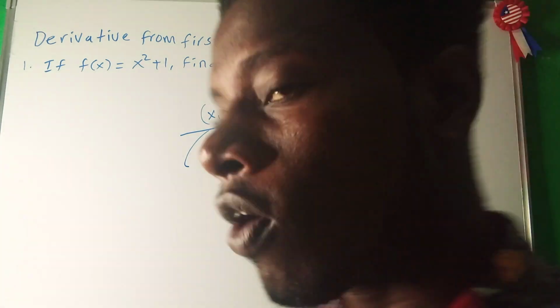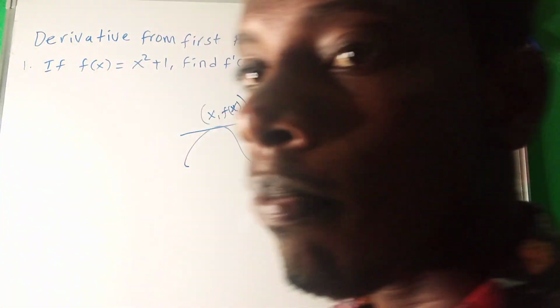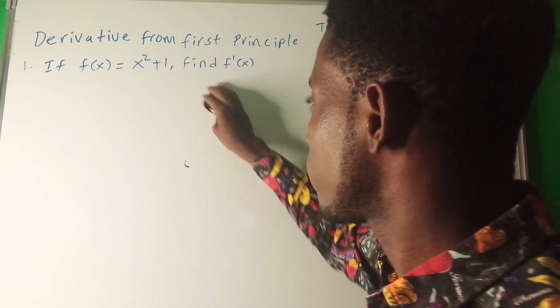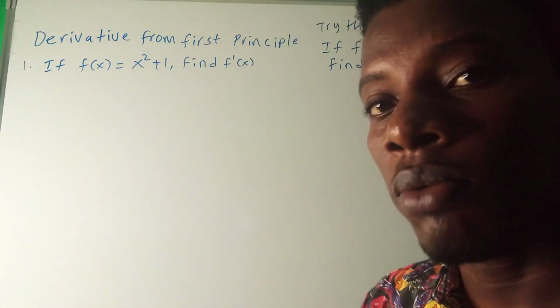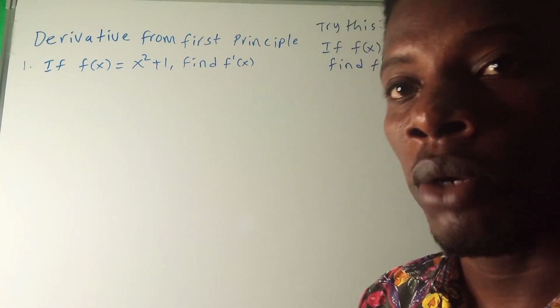That is the definition of the derivative. But today we'll be teaching you how to find the derivative of a function using the first principle. There are a lot of rules, but we'll get there in subsequent videos.